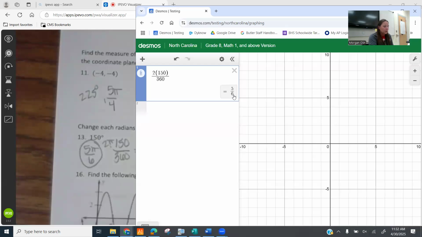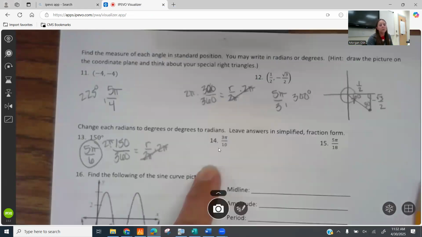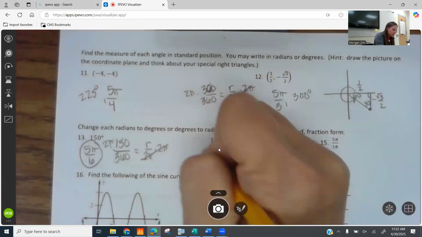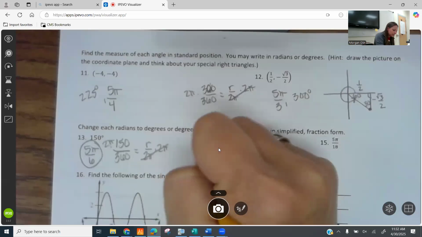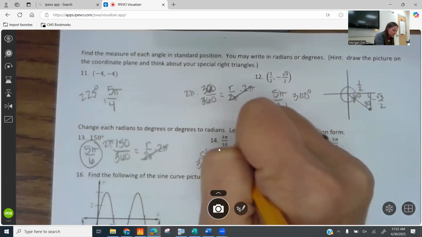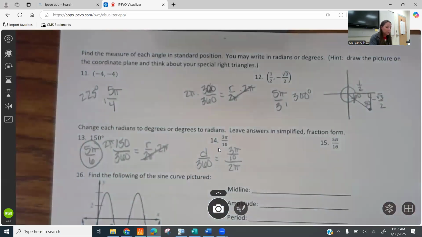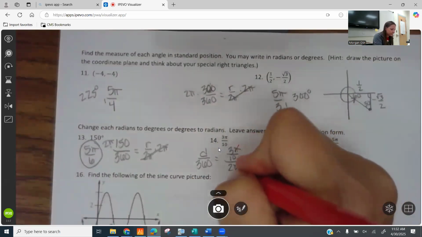All right, now, I know the unit circle, and so this next one, 3 pi over 10, is not on the unit circle. All right, so degrees over 360 equals the radians, 3 pi over 10, over a whole circle, which is 2 pi. Well, here, the pi's can cancel out.